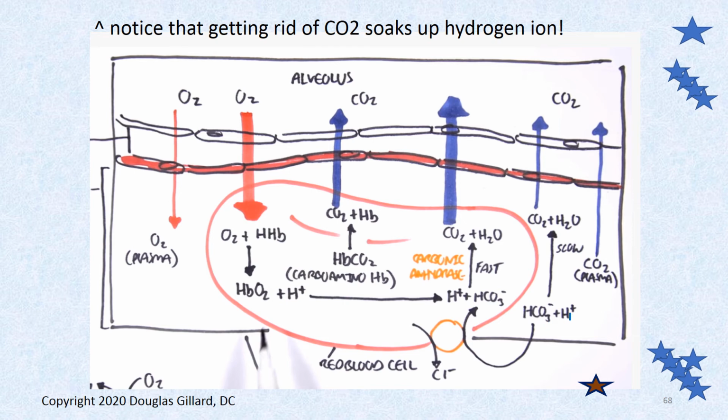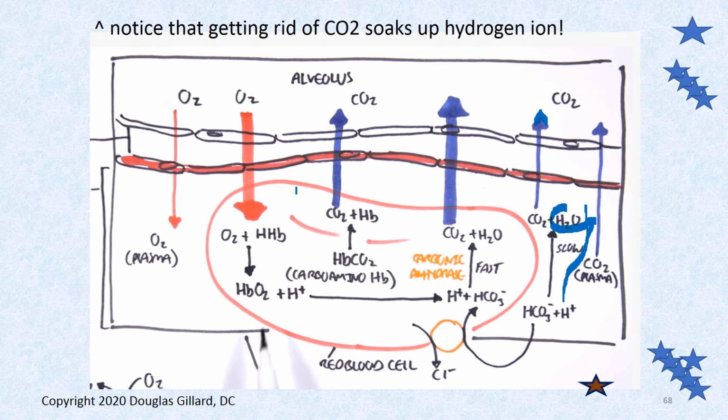So bicarbonate soaks up the hydrogen ion, and it's converted, naturally or quickly with carbonic anhydrase, to carbonic acid. Carbonic acid dissociates to CO2, which diffuses out because of a pressure gradient, and the hydrogen ion is turned into water. So it neutralizes that hydrogen ion.